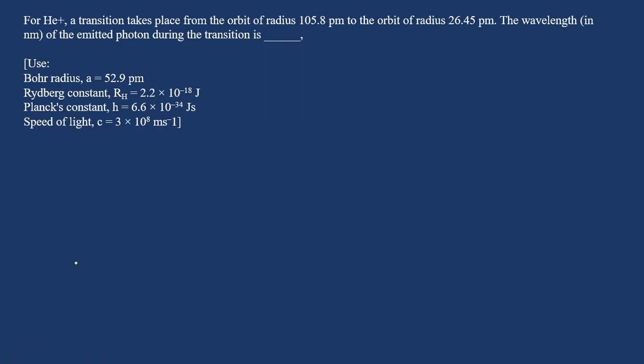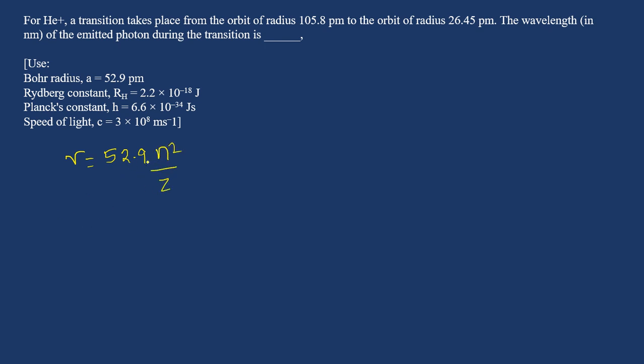Now we can calculate the orbit numbers first, because only the radius of the orbits is given. We have to calculate from which orbit to which orbit the transition takes place. For that we can use the formula r equal to 52.9 into n square by z.